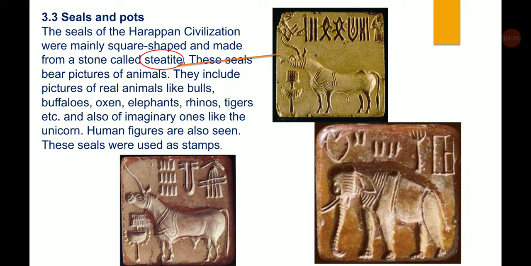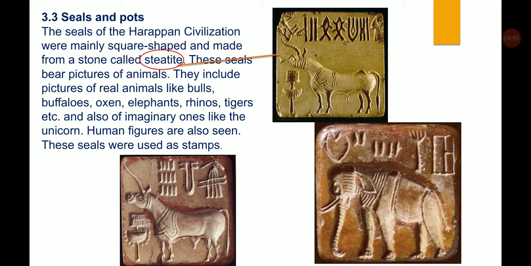Seals and pots. The seals of the Harappan civilization were mainly square shaped and made from a stone called steatite. Steatite is a greenish brown color stone. These seals bear pictures of animals.